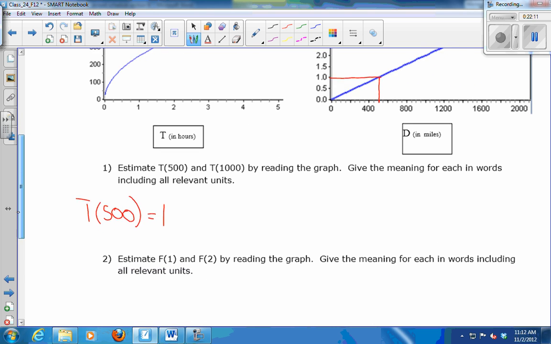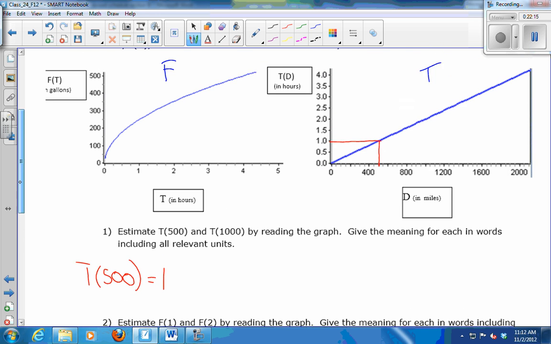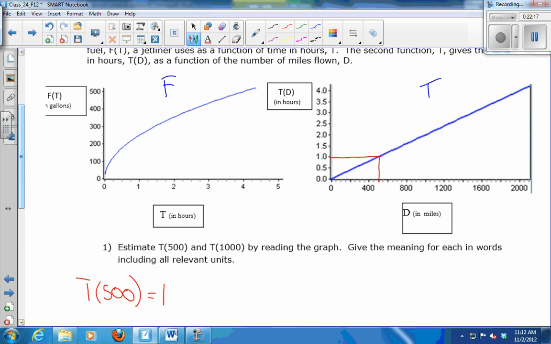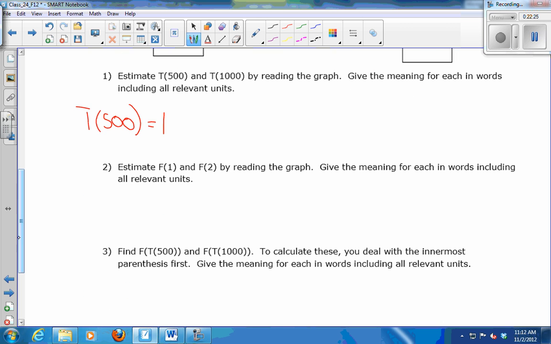Then in the next question, they ask you to estimate f of 1 and f of 2. So we're going to look at the f graph. For f of 1, you find 1 on the x-axis, go up and over, and it looks like the output is about 250. And then you can find f of 2 and do the compositions on your own.